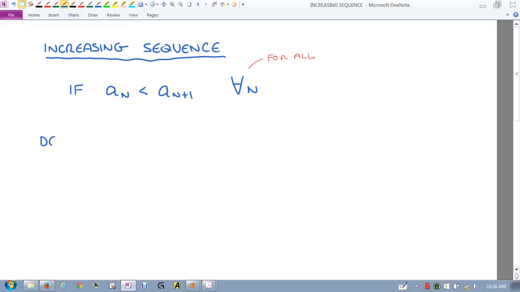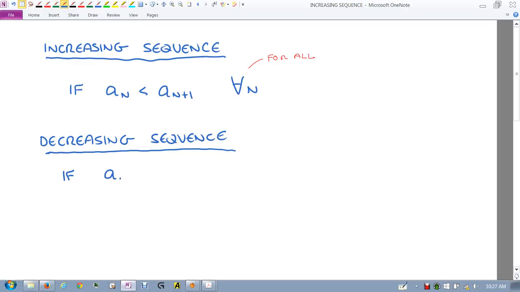What about a decreasing sequence? What would you change to make it decreasing? Just flip the inequality over. Now it says the nth term of the sequence is bigger than the next one, which is bigger than the next one.